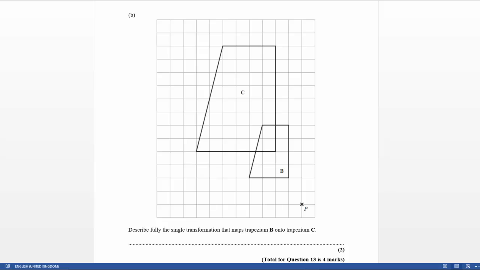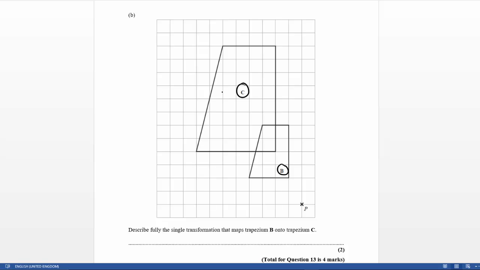Okay, here's part B, a nice easy mark to pick up here. It says here, describe fully the single transformation that maps trapezium B onto trapezium C. This is trapezium B here, this is trapezium C here. Okay? Now, we can clearly see that they're both the same shape, but they're of a different size.